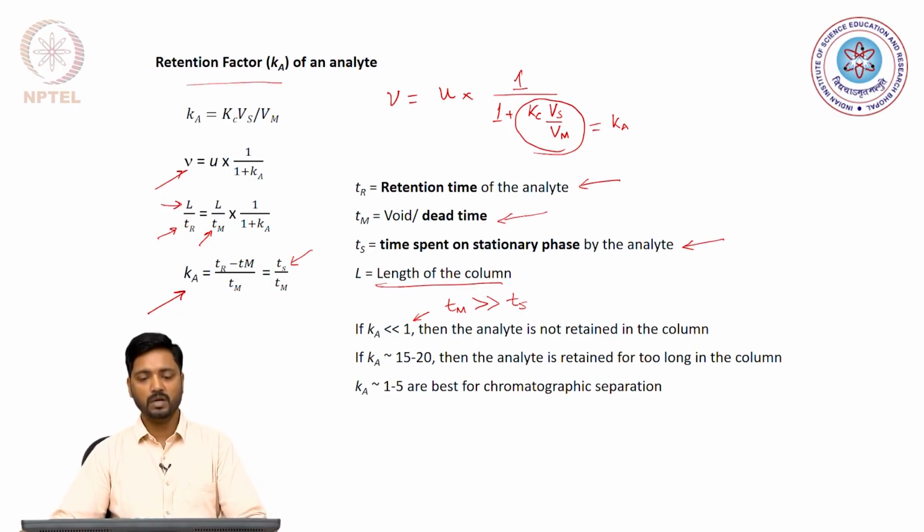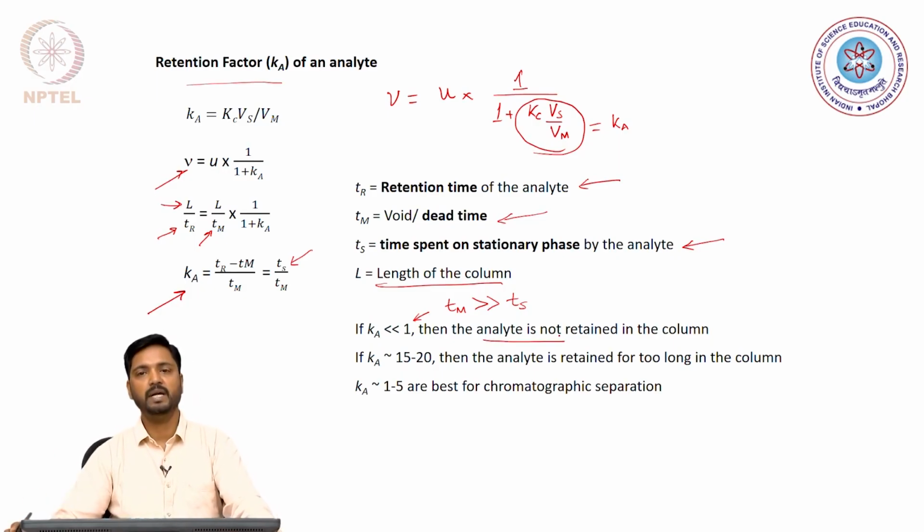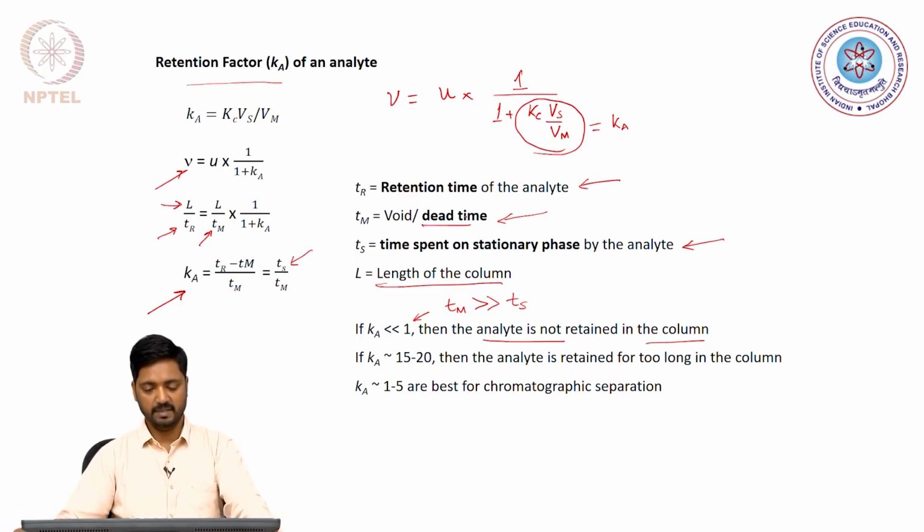In other words, a Ka value or a retention factor which is much less than 1 indicates that our analyte is not being retained in the column. So, it is coming out almost along with the mobile phase, and the time that it is spending inside the column is very close to the void time or the dead time.